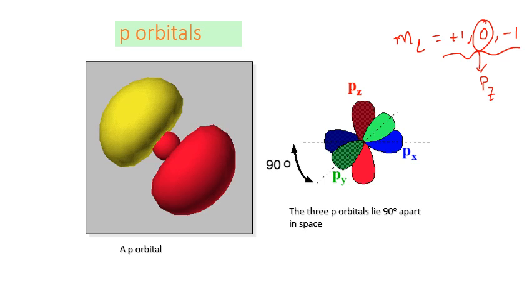For pz, px, and py, you can see that the relative orientation of these three p orbitals is 90 degrees apart from each other. Take any orbital, for example pz: if this is the z direction, and this is the xy plane, then this is the pz orbital.